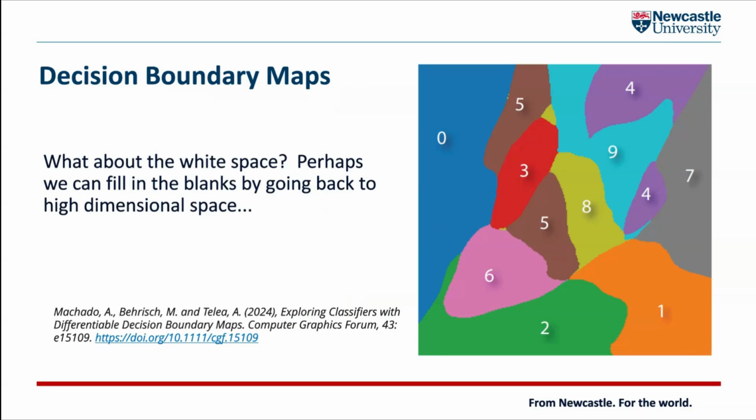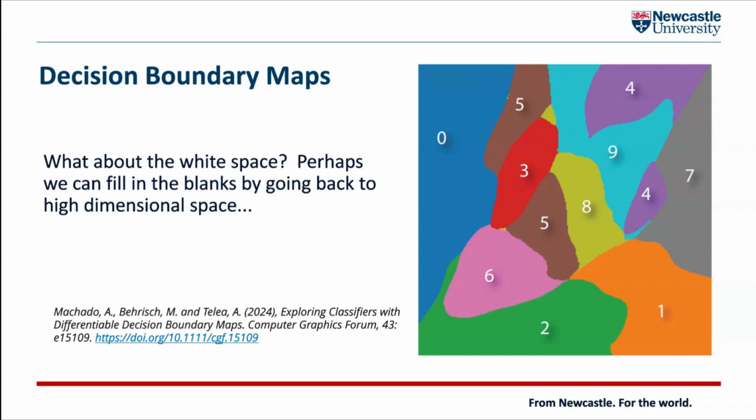So there's a lot of white space in those diagrams, right? So now what we can do is we can try to reason about some of the pixels between the dots. And the way we can do that is something called a decision boundary map. So in this particular case, for a pixel that has a data point, either based on the actual data or the activations of a hidden layer, we have a point that's projected onto the plane.